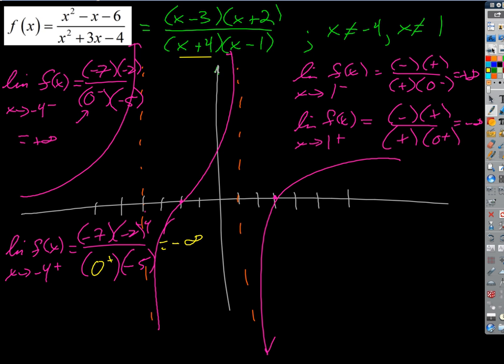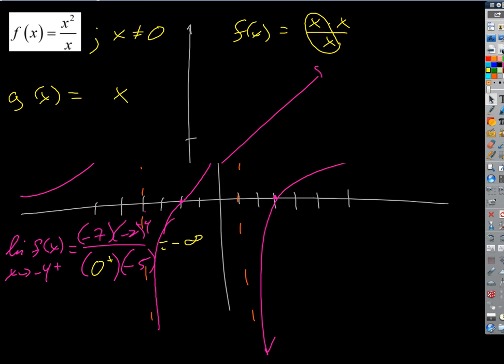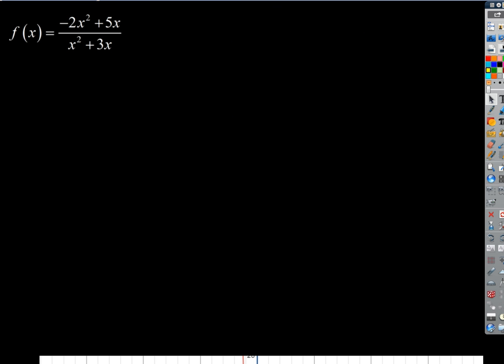If we go back, though, and look at one of these other vertical asymptote types of discontinuities, we call those infinite discontinuities, because I would have to bend an infinite number of points to stitch that function back together. Okay? Just some vocabulary that's not really that big a deal now, but we'll talk more about it in future years.